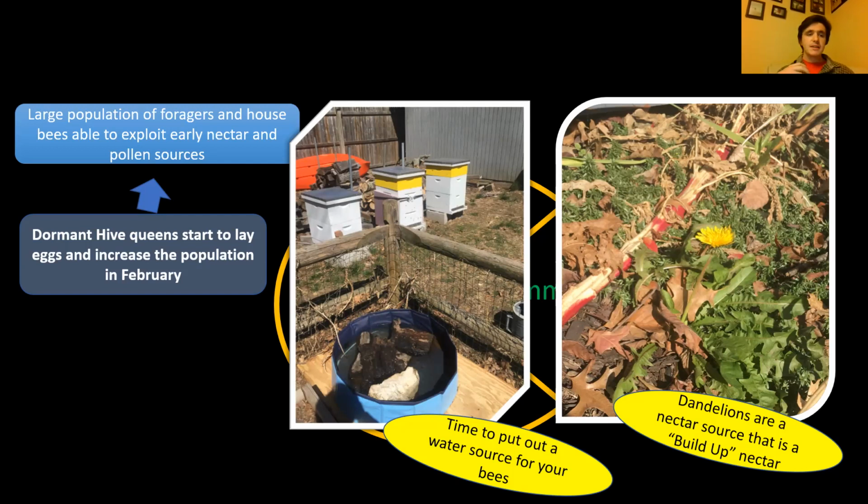They're growing their population now to enable them to exploit early nectar sources come March and April. Take a bumblebee: right now, bumblebee queens are still frozen in leaf litter. By the time the dandelions bloom, they need to emerge, and they're a population of one.